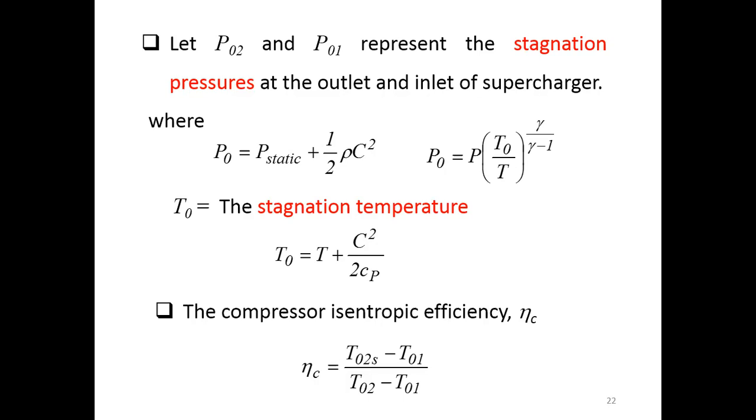How do we define it? The same way. Stagnation pressure is equal to the static pressure plus what? 1/2 rho c squared. This term is the velocity pressure. So the stagnation pressure, or the total pressure, is equal to the static pressure plus the velocity pressure.